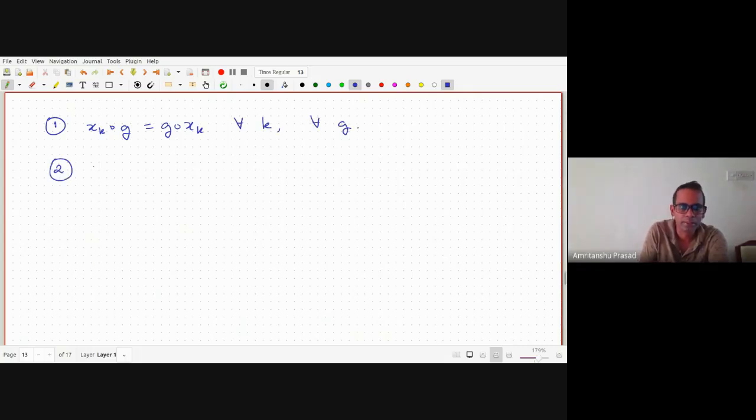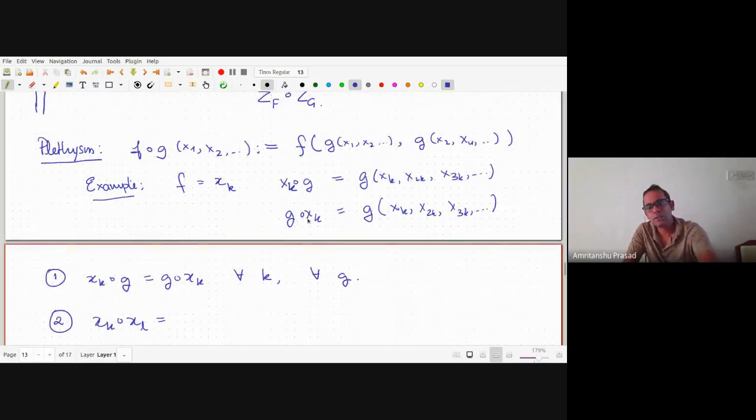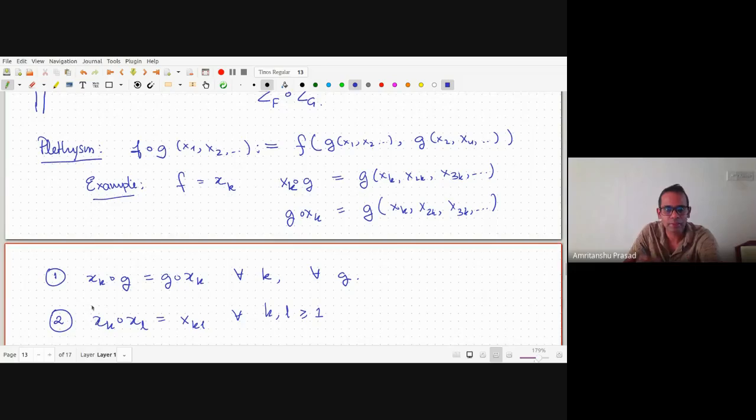The second is xk circle xl. You take the lth coordinate of this, and so that just means that you get xkl, for all k and l greater than or equal to 1. That's the second rule. The third rule is somewhat obvious.